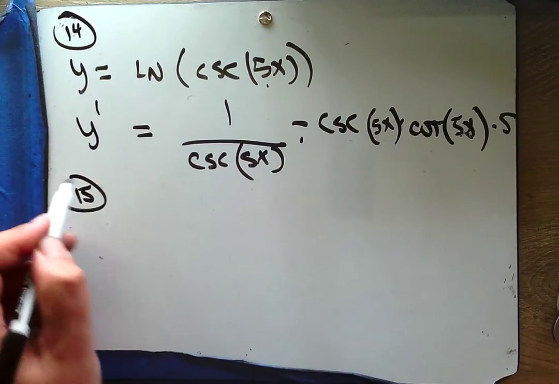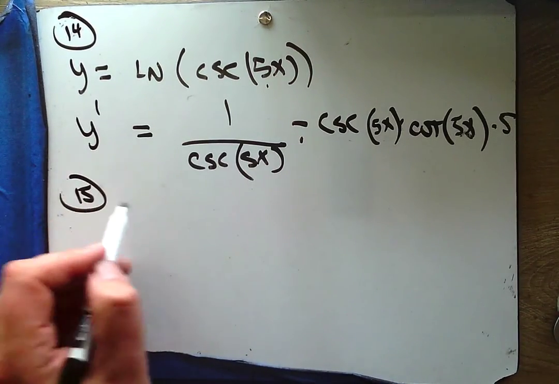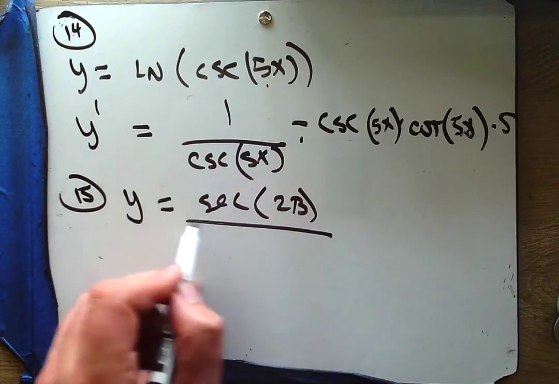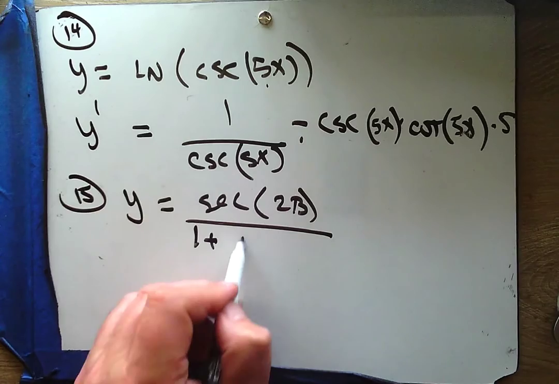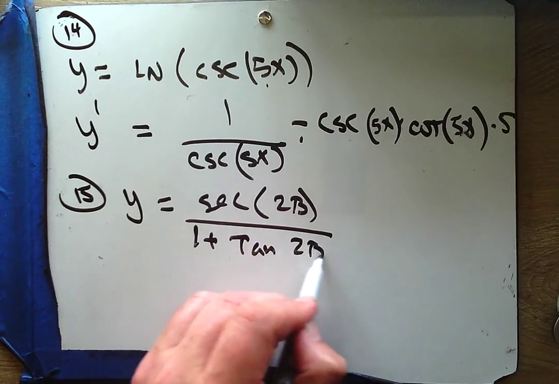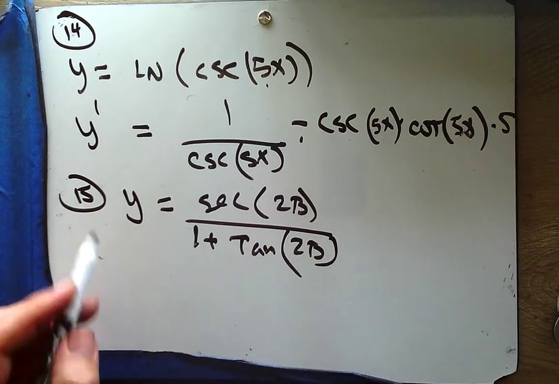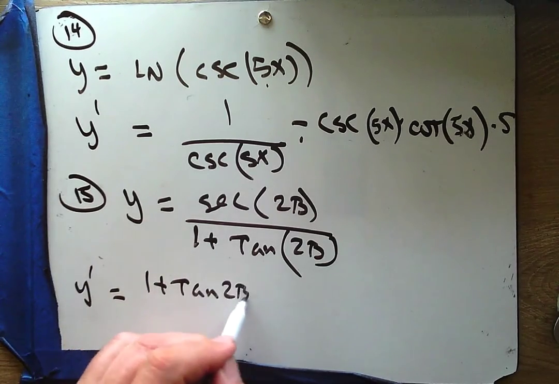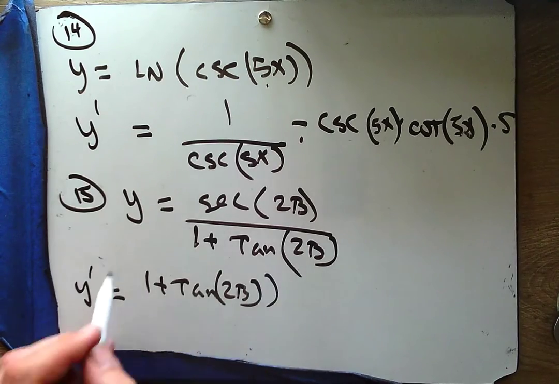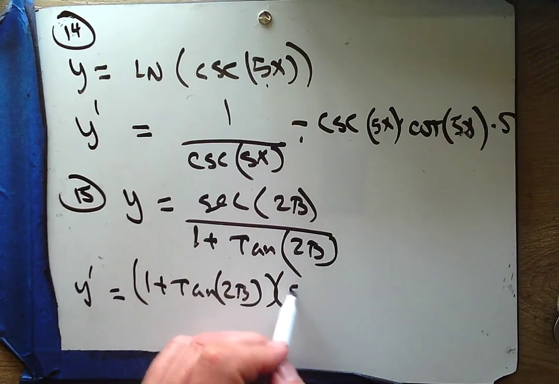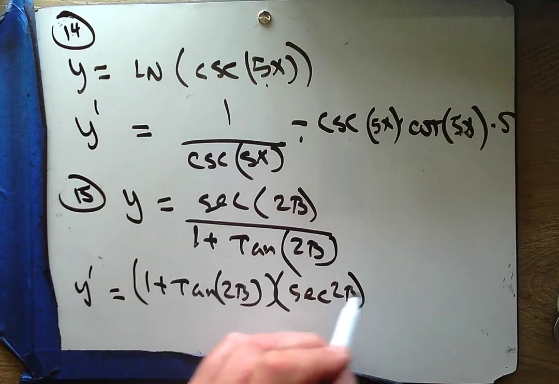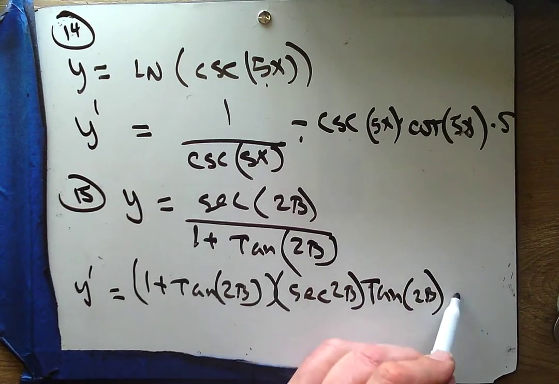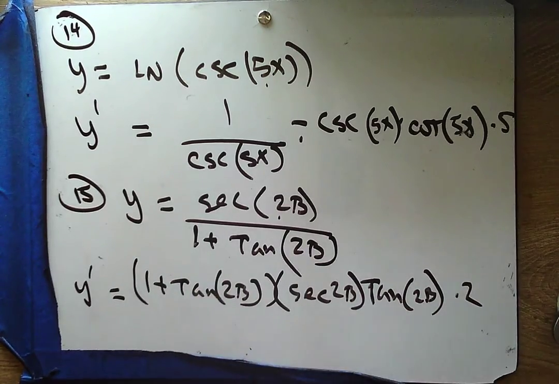15. Ooh, y equals secant of 1 plus tangent of beta. God, why have you forsaken me? All right, so y prime, low d high, derivative of secant, times the derivative of the inside function.